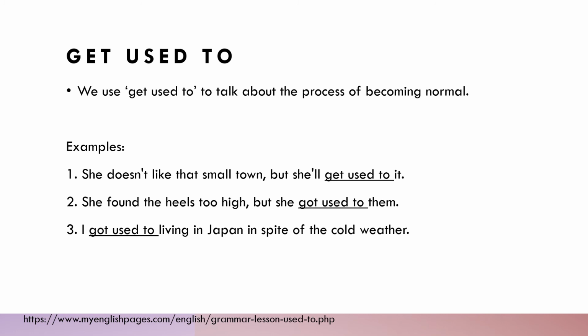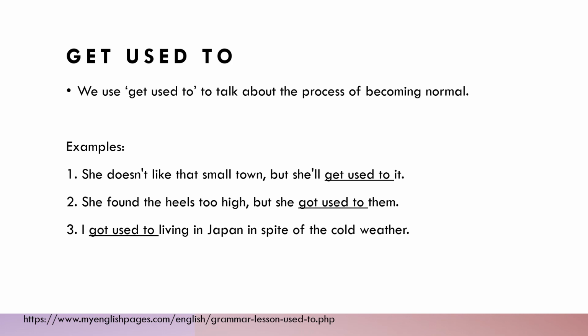Sometimes you can have ing and sometimes there is no ing, like in the first and second examples. After the word to there is only it and them. So these are pronouns. When we have a pronoun, there is no ing. So ing is only used when there is a verb. When a verb plus ing is used, it is called a gerund. To living in Japan.